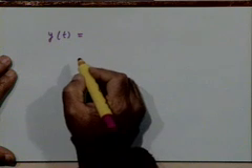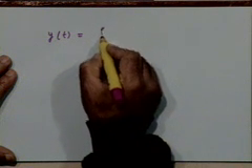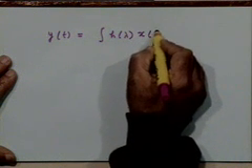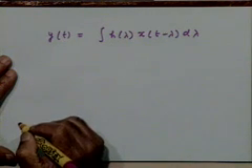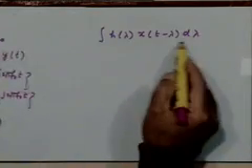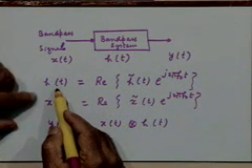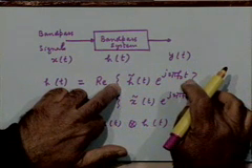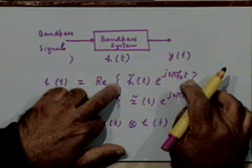So let's proceed. Let's use these two representations to find y of t, which is a convolution of h of t with x of t, which you can write like this, right? If I want to make use of this representation of h of t and x of t in this integral, how should I do it? I should substitute for h of t this term plus its complex conjugate, half of that.